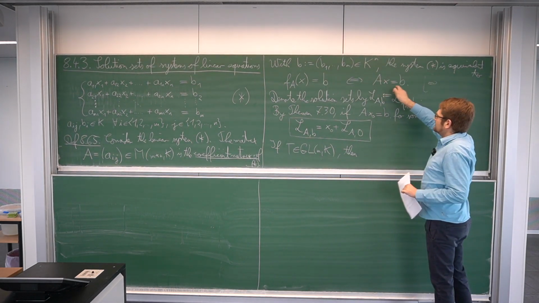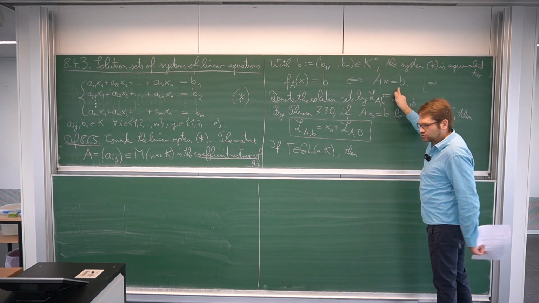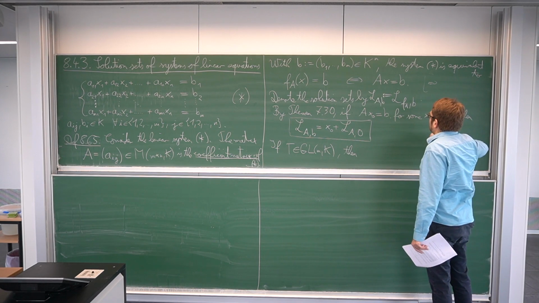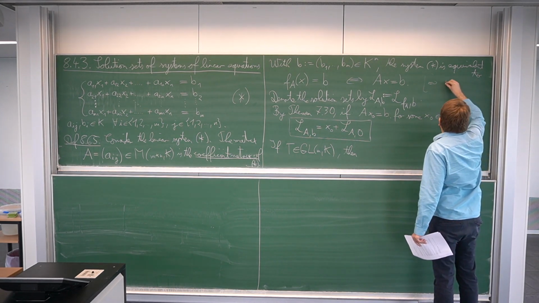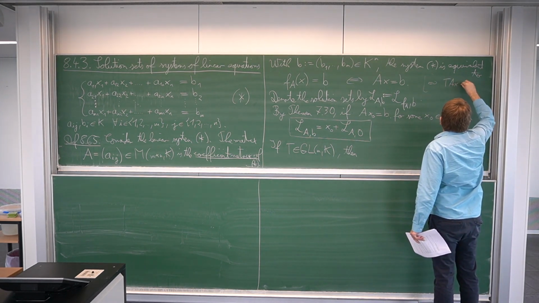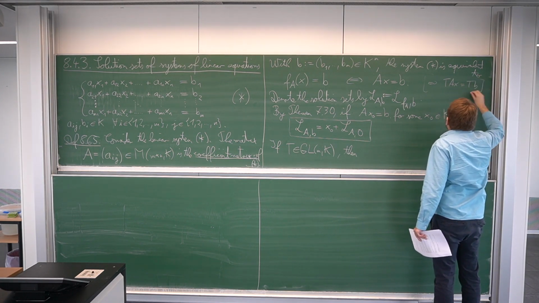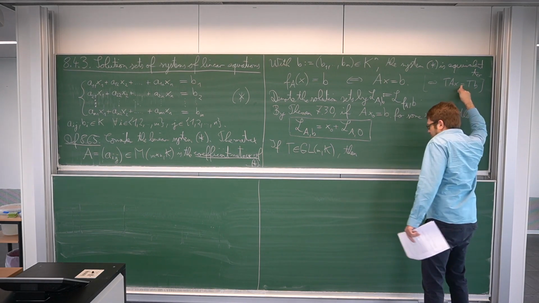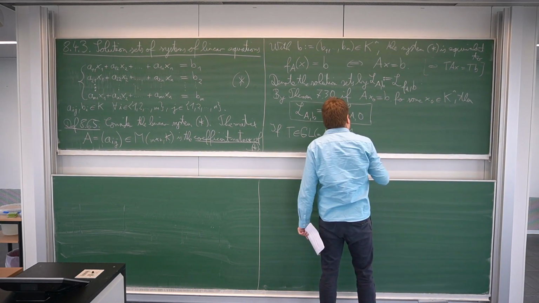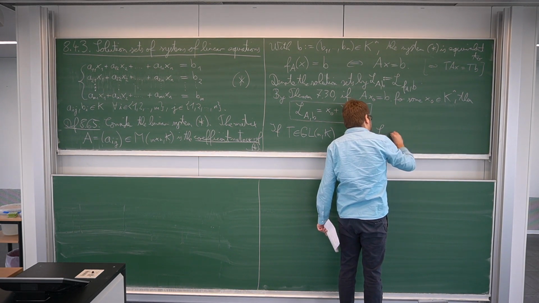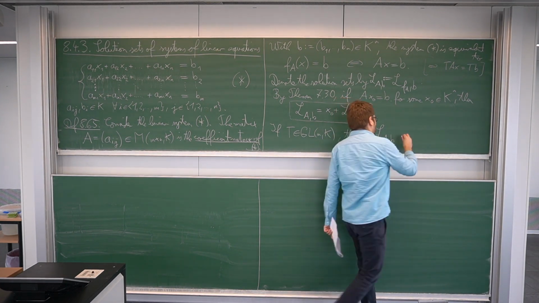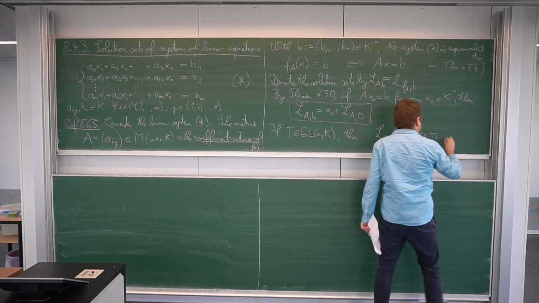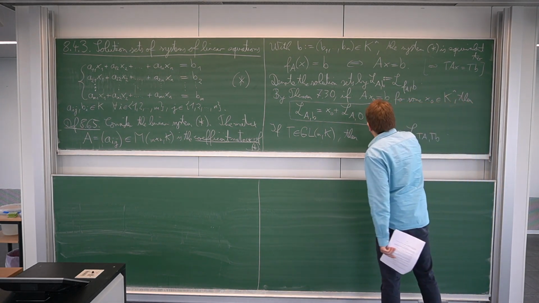If we multiply with T on both sides, this doesn't change the set of solutions, because we can multiply with T minus 1 again, since it's invertible, and get the same set of solutions. So every solution of this equation is a solution of the other and vice versa. This means the solution set LAB is the same as the solution set L TA TB. Okay, and this is the second crucial observation that we will need.